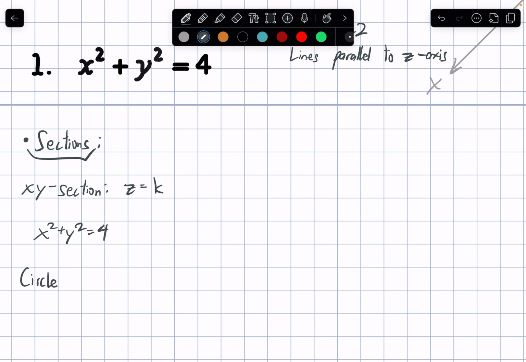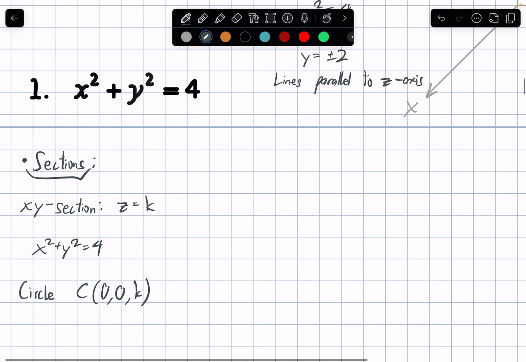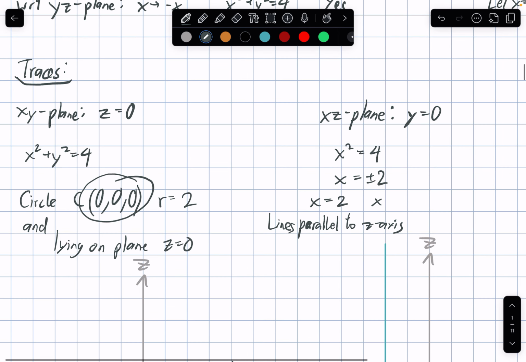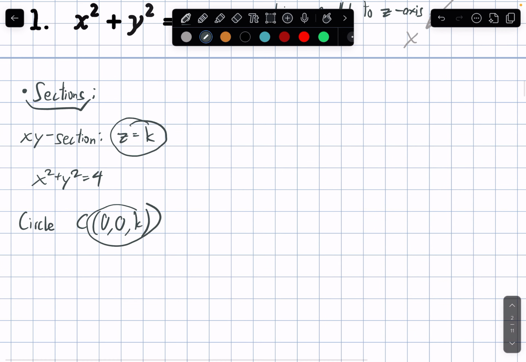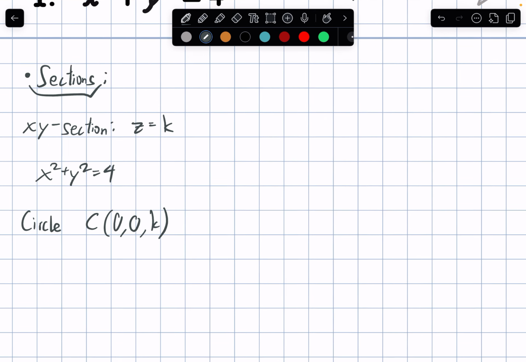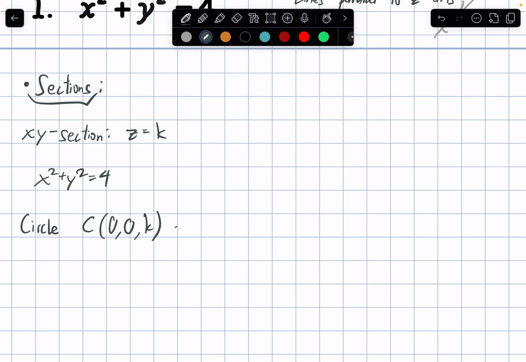We know that this is a circle. We'll reiterate that the center is 0, 0. But since z is k, we put k. That's the difference. Okay? Here, everything was 0, right? Since z was 0. But this time, since z is equal to k, this is the new center.